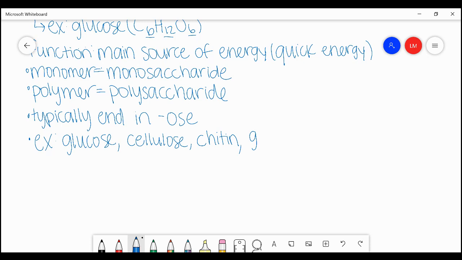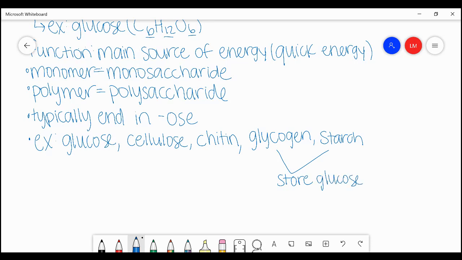And then glycogen and starch. Both glycogen and starch store glucose.